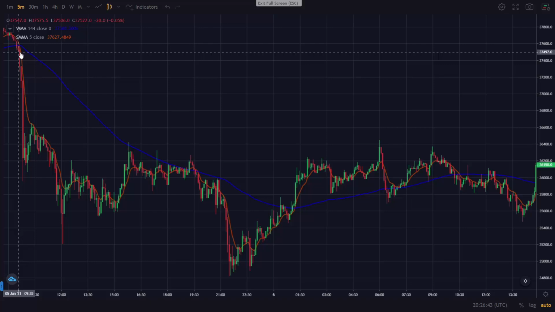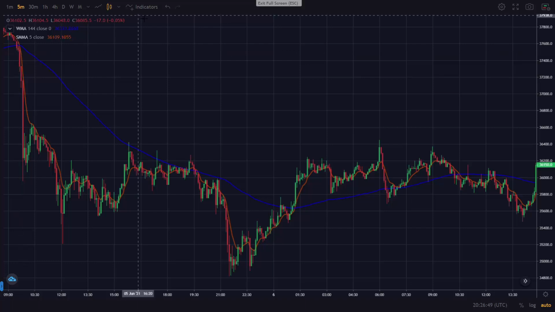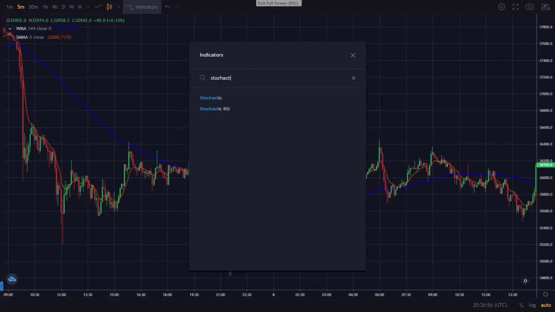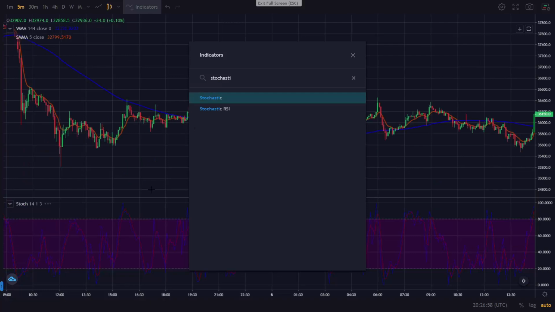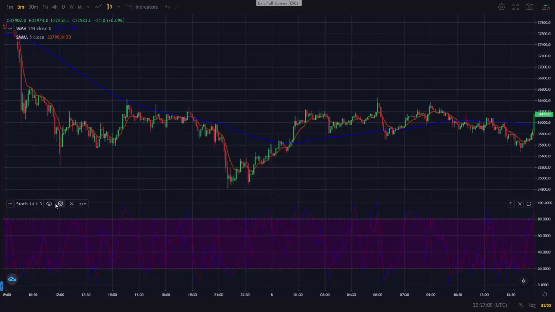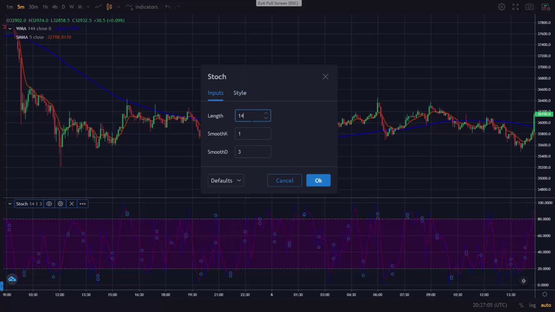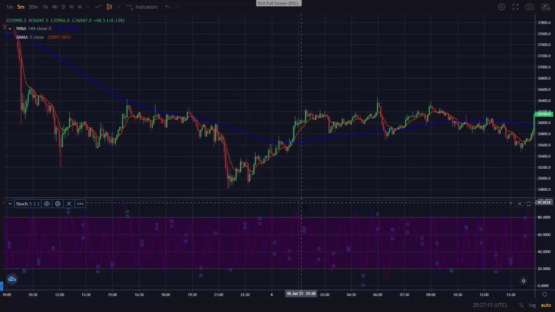Now the next indicator that we are going to bring in that will enable us to trade is the stochastic. And we're going to set the settings of this to length 5, smooth K 3, and the smooth D is at 3.